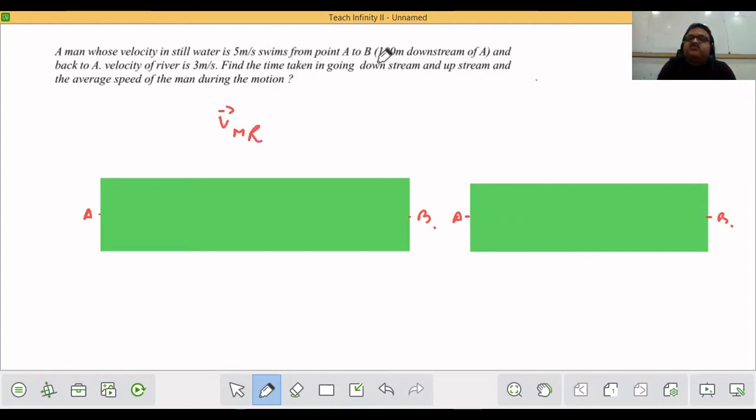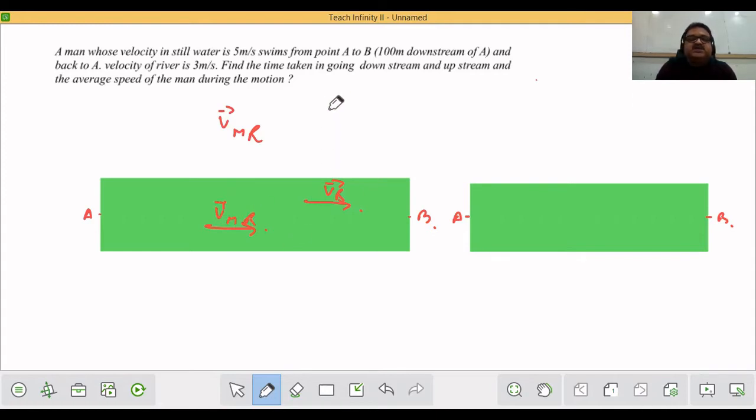He swims from point A to B, 100 meters downstream of it. So assuming the river is flowing along this direction. Clear? So the velocity of the river is this. This is the velocity of the river. And this is the velocity of the man with respect to the river in the first case, correct?